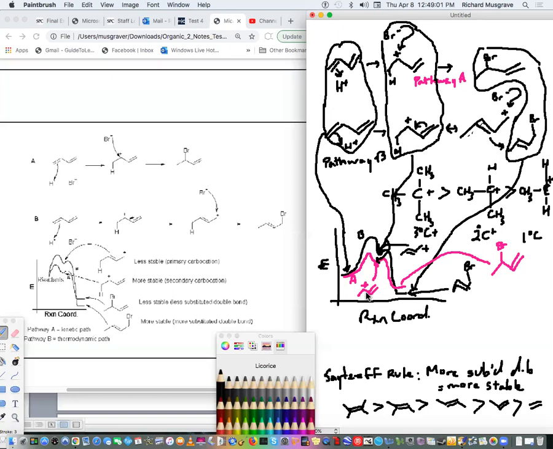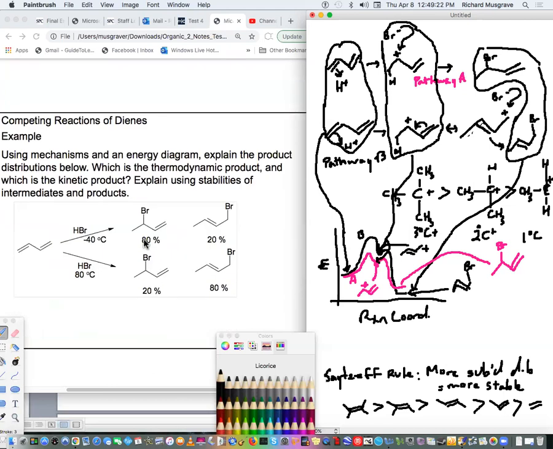All right, so yes, as Julie was just intimating, we get a switch here. You'll notice that the pink carbocation is more stable than the black carbocation, but the black product is more stable than the pink product. So what's going on here? Well, it all has to do with the change in temperature that we were talking about here. And this is what I want you to realize.